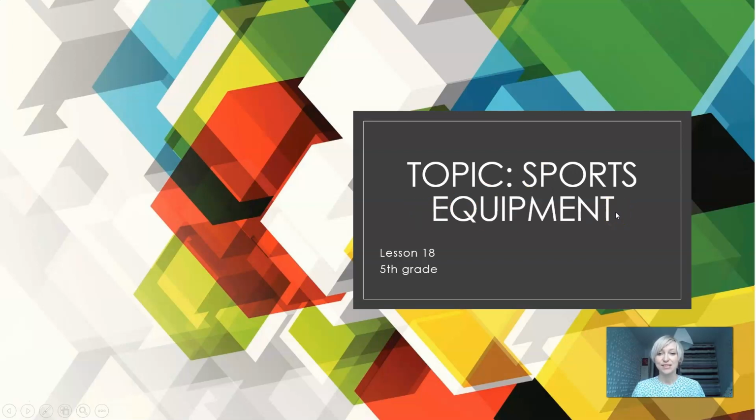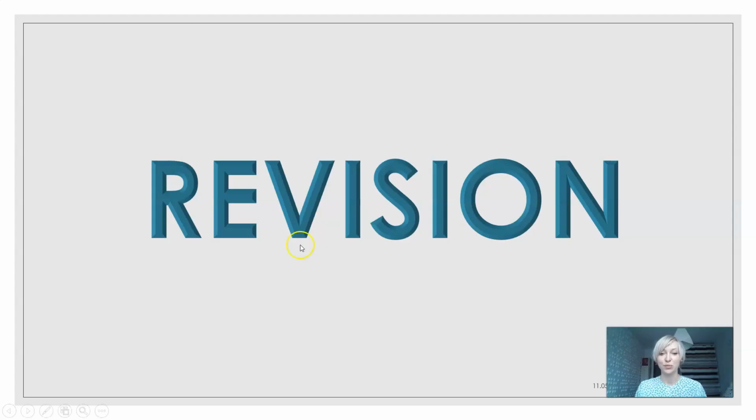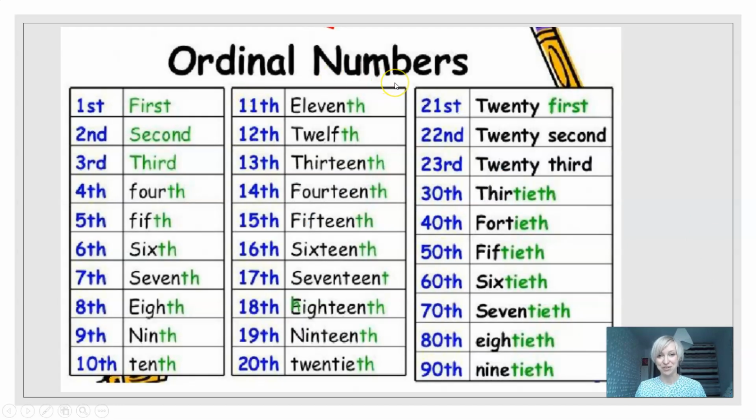Okay? So, let's start the lesson, but first we're going to start with the revision. Okay, revision, powtórzenie, as usually. So, ordinal numbers, liczebniki porządkowe. Just to remind you, first, pierwszy, second, third, fourth, fifth, sixth. Remember, 1, 2, 3, first, second, third, they're completely different.